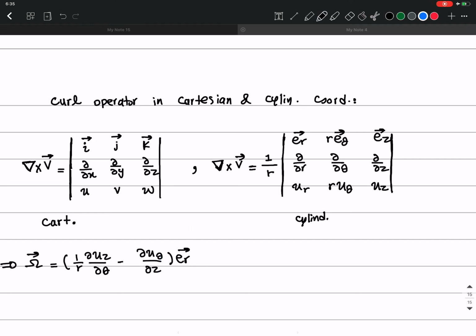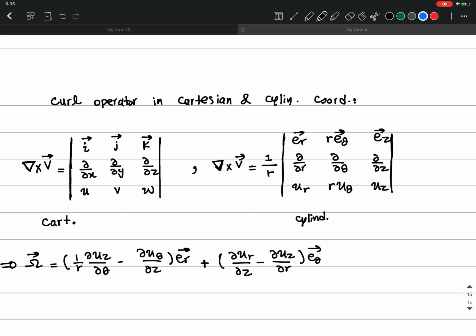Okay. And then similarly, you can do this for the second component, but now we also have a minus sign for the second component, if you remember from your algebra. It's partial ur over partial z minus partial uz over partial r, times e theta.